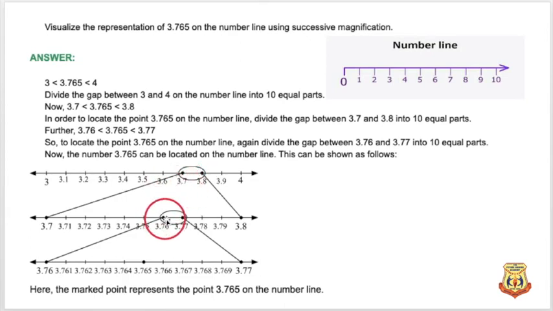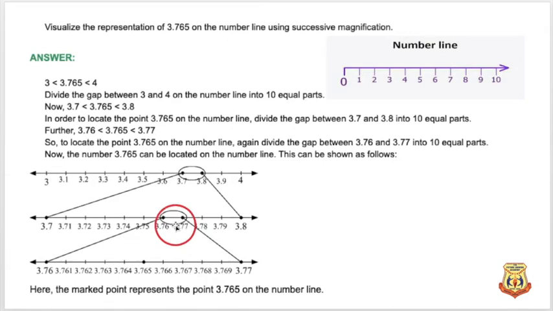Now step 2. Again I will draw another number line with 3.7 and 3.8. And in between, one more time I will divide this into 10 equal parts. And what I will name it? 3.71, 3.72, 3.73, this way up to 3.79.